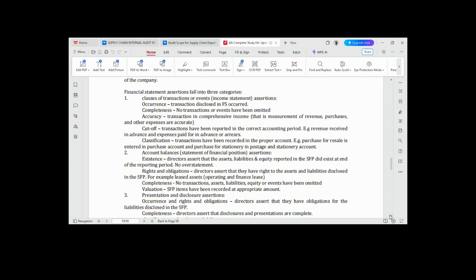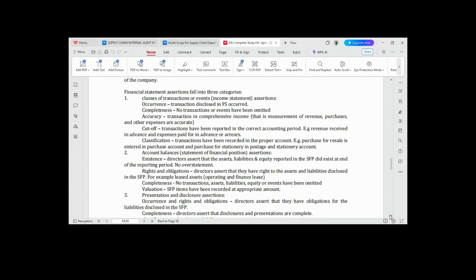So all the auditor will be doing is testing these assertions to be sure that the figures contained in the statement of profit or loss are free of material misstatements. So what tests will we be carrying out?